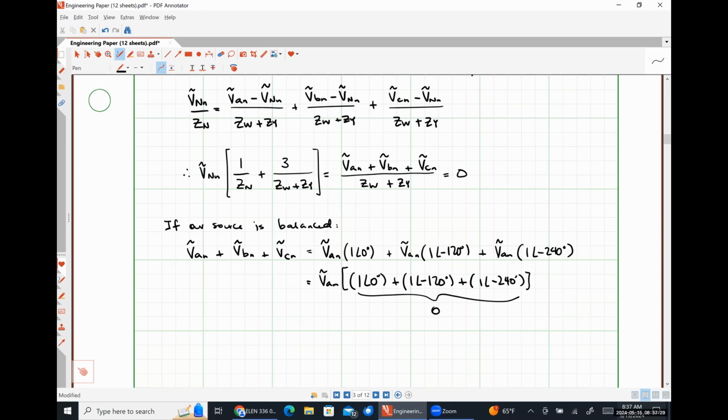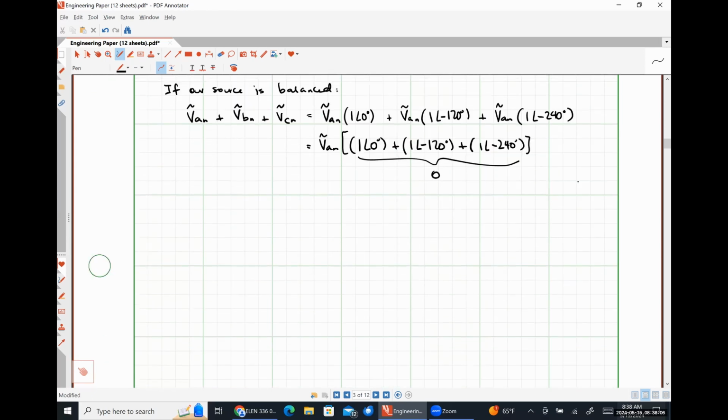Have I at any point stated that any of those impedances are infinitely large? No. Generically, they could be literally anything ranging from a short circuit all the way up to an open circuit in terms of impedance. But we don't know where in that wide range of impedances they lie. So in order for the left-hand side of this equation to be equal to 0, that means that the voltage drop across my neutral conductor has to be 0.